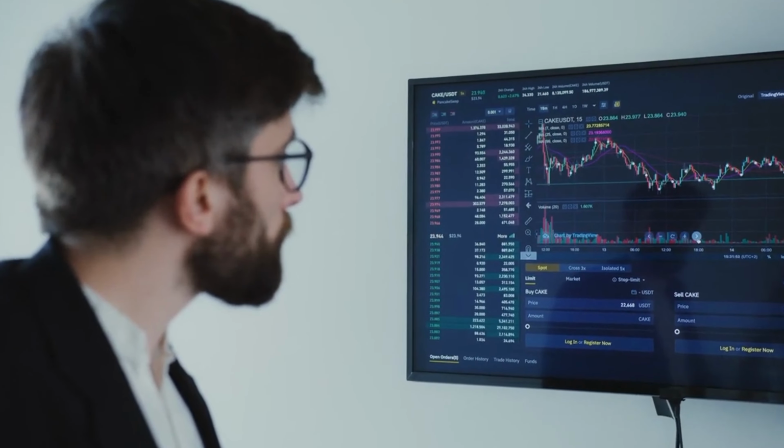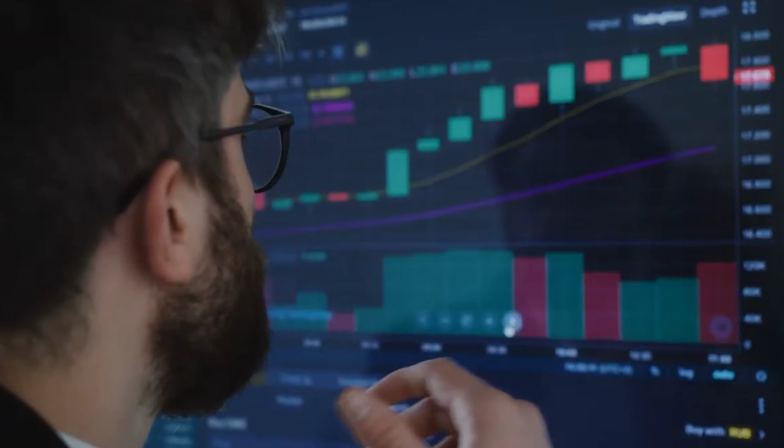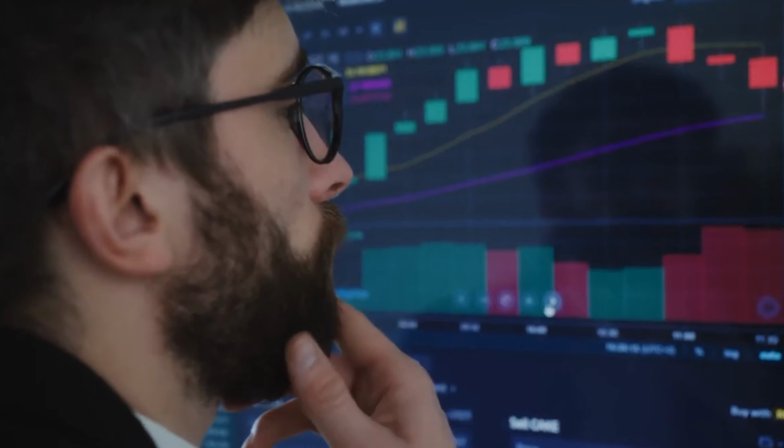But remember, these tools provide valuable insights, so it's essential to conduct further analysis and consider other factors before making trades. Whether you're a beginner or an experienced trader, incorporating AI tools like Google BARD into your trading routine can be beneficial and help you navigate the cryptocurrency markets more effectively. Remember to always do your own research and analysis, and use these tools as a supplement to your own trading strategies.